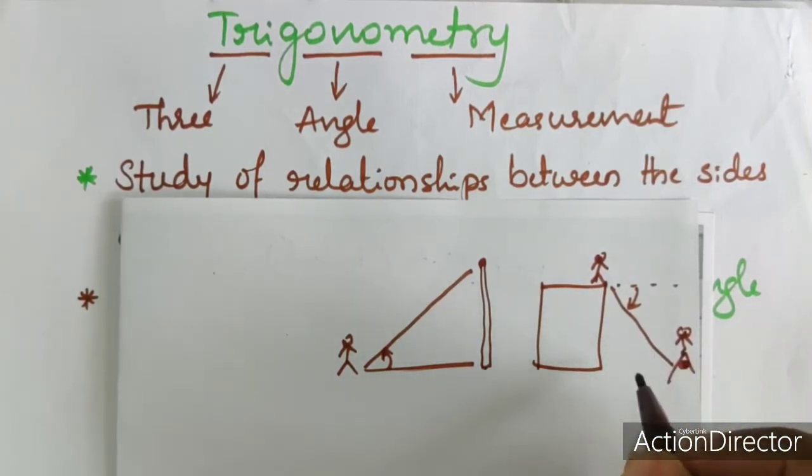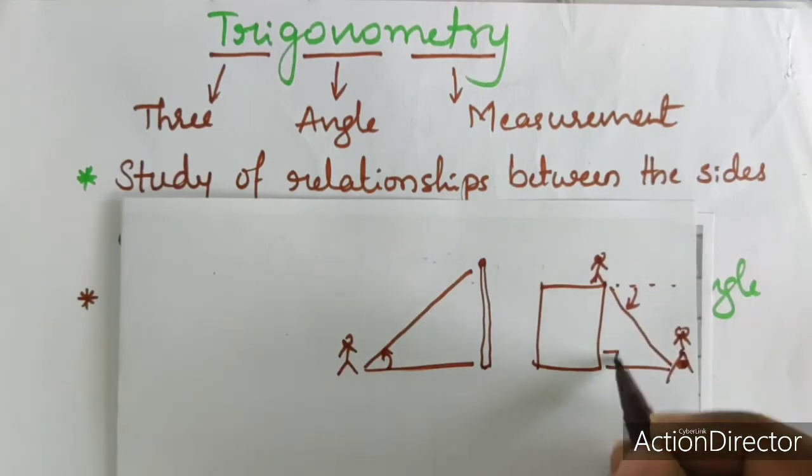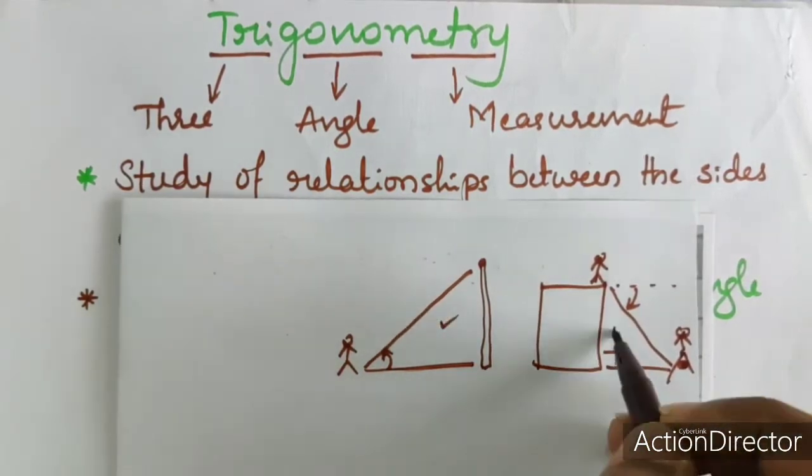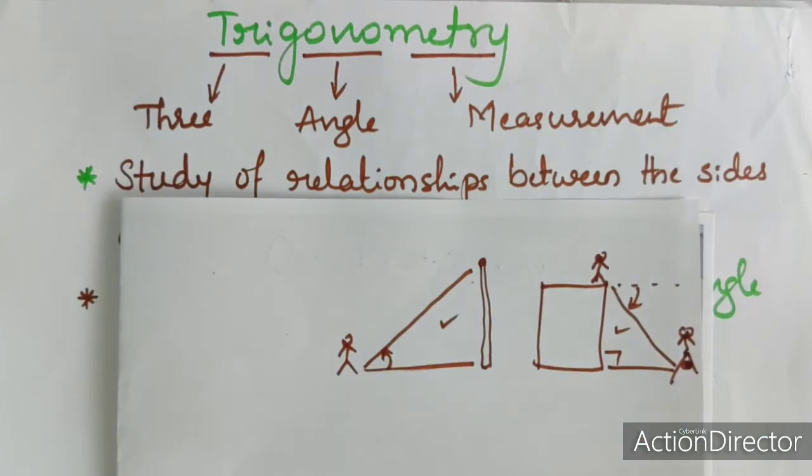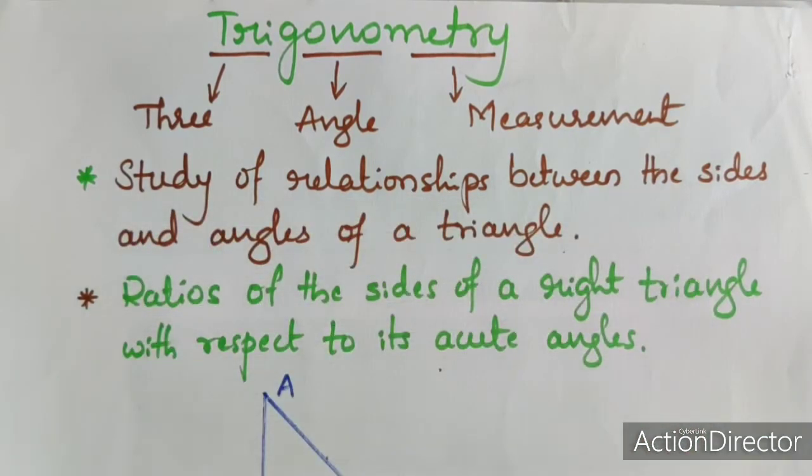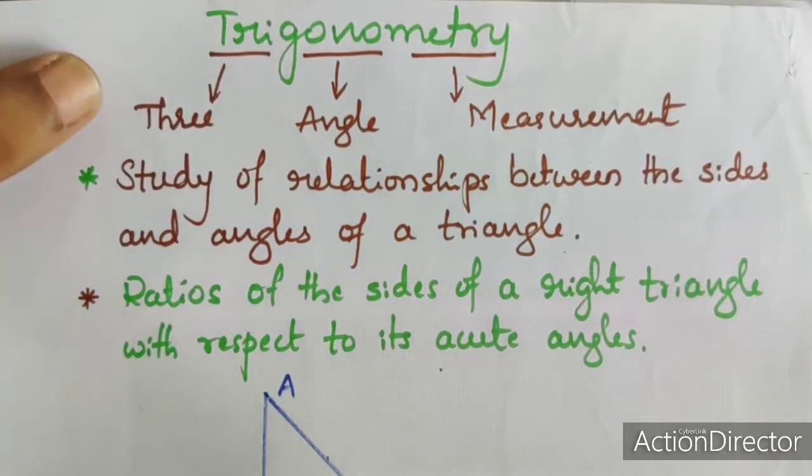In the next classes we will learn about this, but for now what we are understanding is that in these concepts we are using the shapes of right angle triangles. So before we start learning about the ratios, we need to understand the right angle triangle in detail.